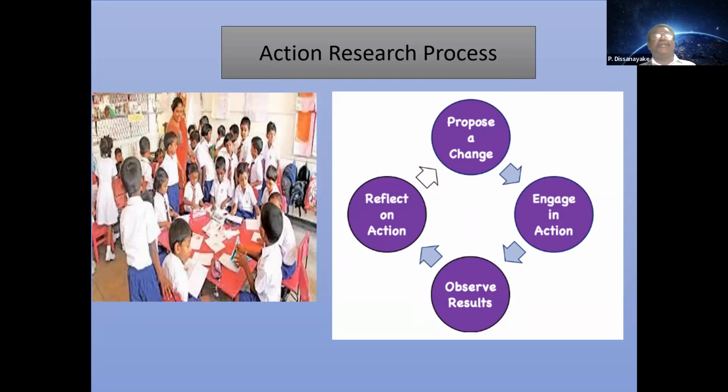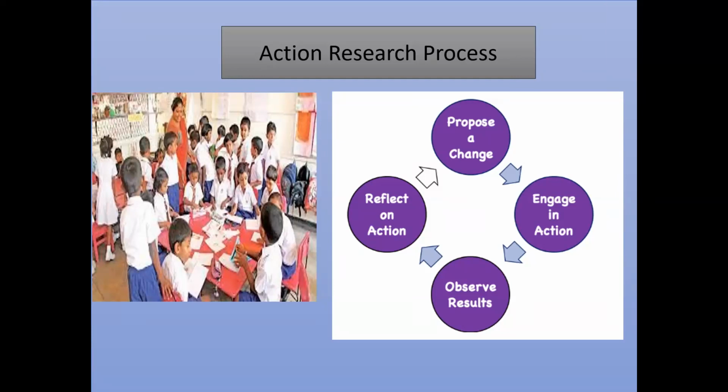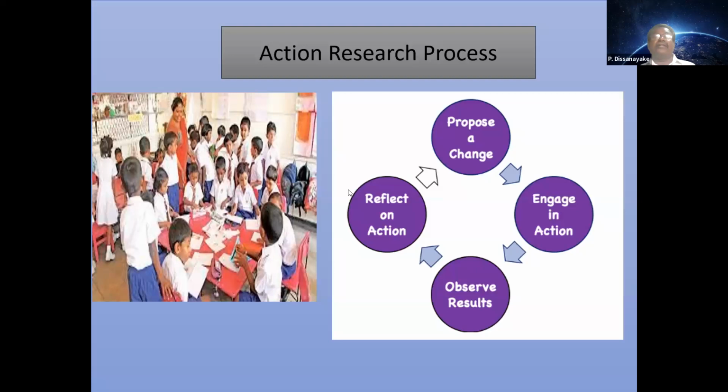Next stage, reflect. Reflection means you are going in front of a mirror. You think why it actually happened this way. But there is something wrong also. I will change that tomorrow.